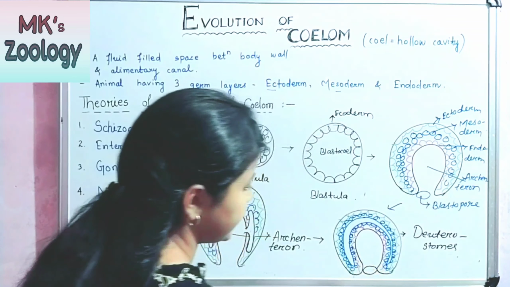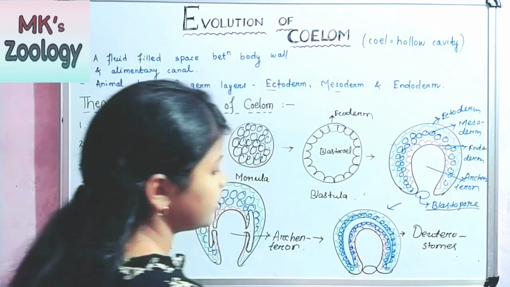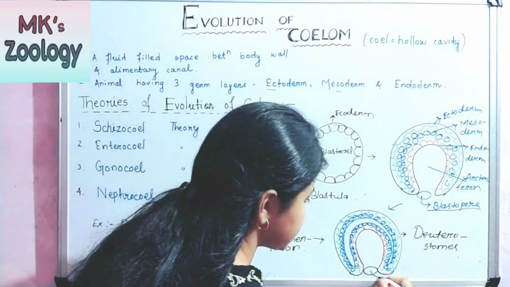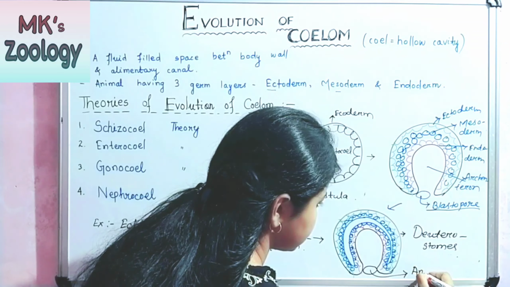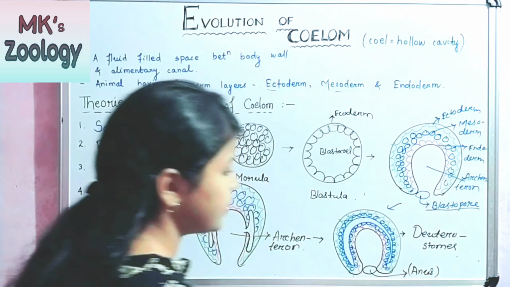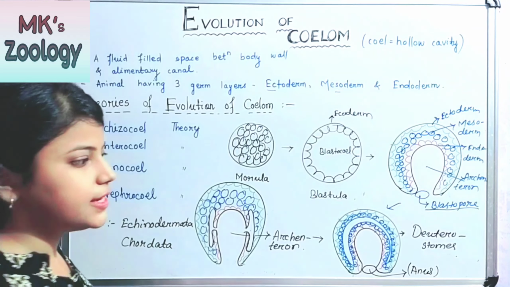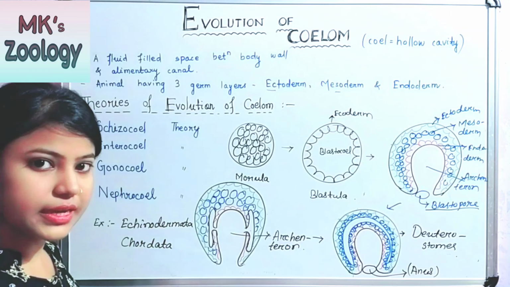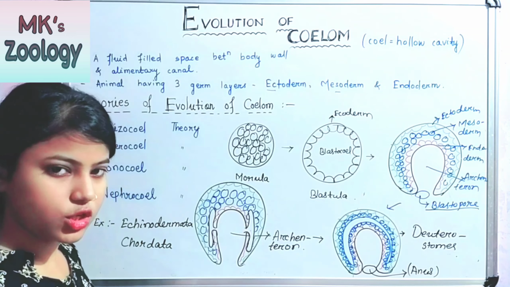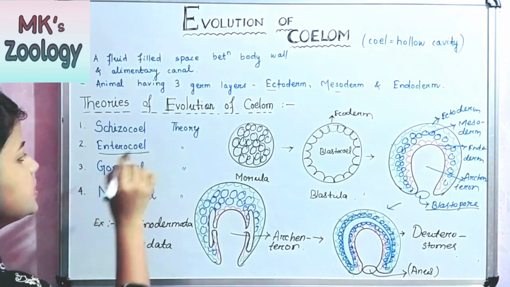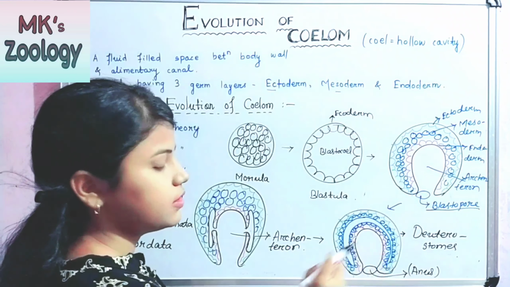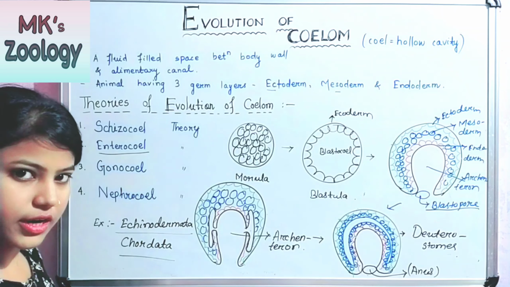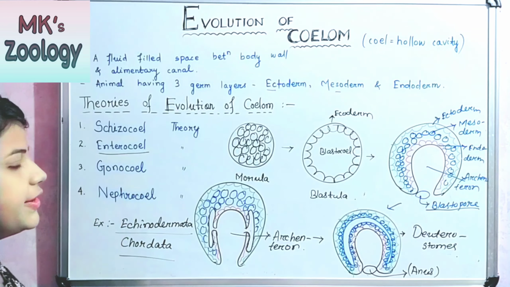This is your opening, that is the blastopore. Here in the embryos, the blastopore forms the anus. If the blastopore forms the anus, it is known as deuterostome. Okay, and if it forms the mouth, it is known as protostome. So here in enterocoel, the blastopore forms the anus. This is the example of Echinodermata and Chordata. This is about your enterocoel theory.